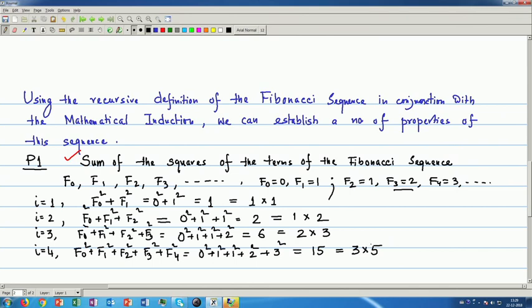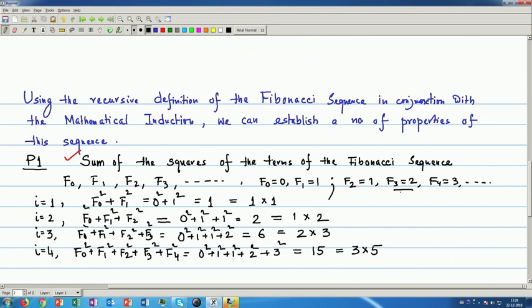Now, if we observe the results, the sum of squares for different values of i, what we see is that we can write it, for i equal to 1, as 1 into 1. So, this becomes f1 into f2, because my f1 and f2 both are 1.